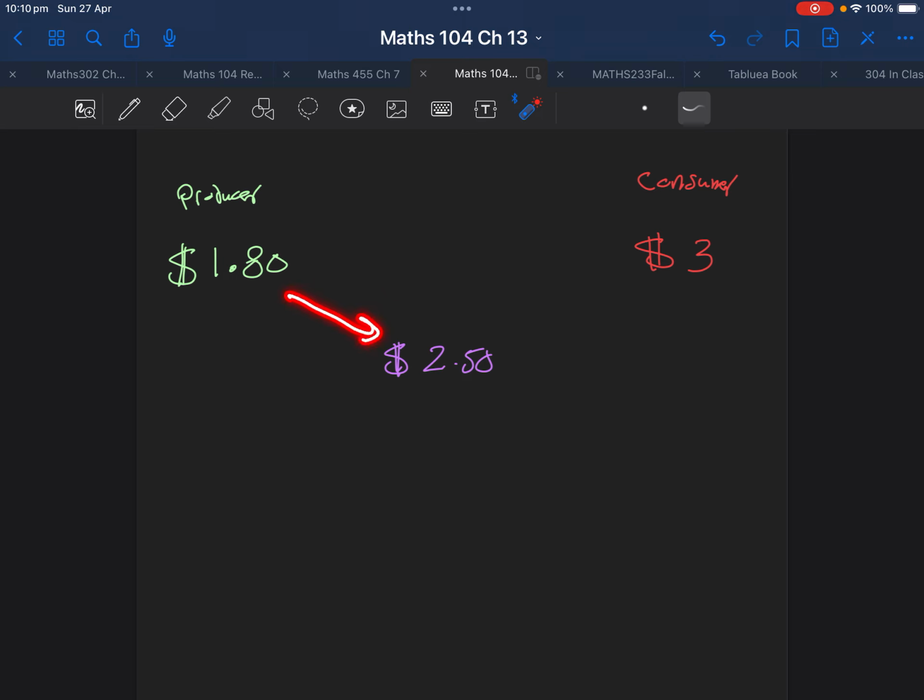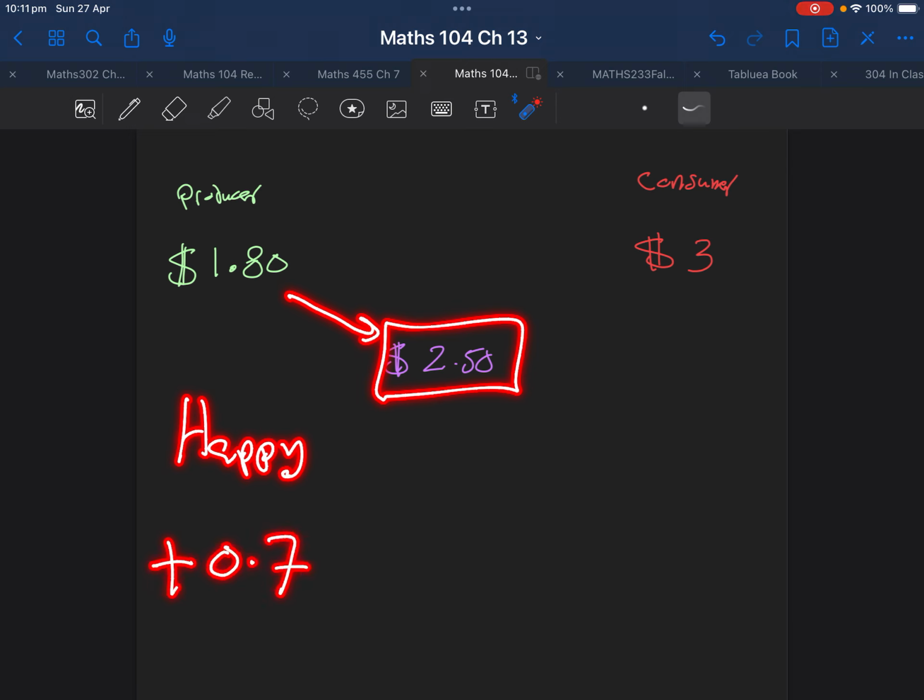So when they sell it for 2.5, again, they are happy because they have an extra 0.7. So they have something extra, and this is what we call surplus. Surplus is the amount of more we have than what we should expect.